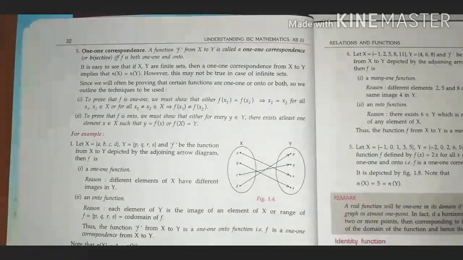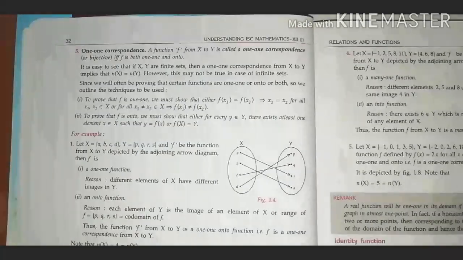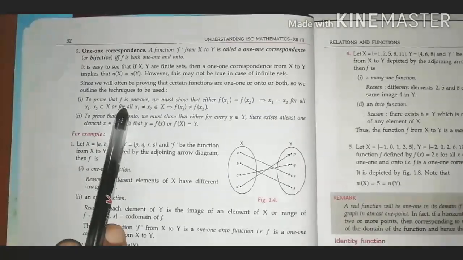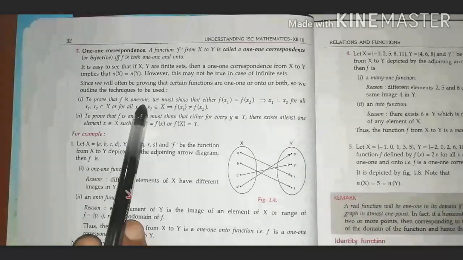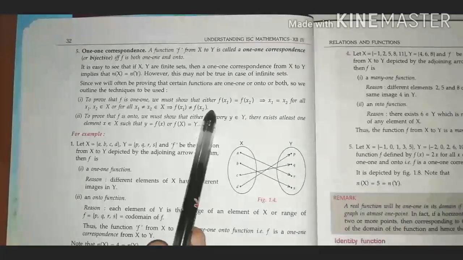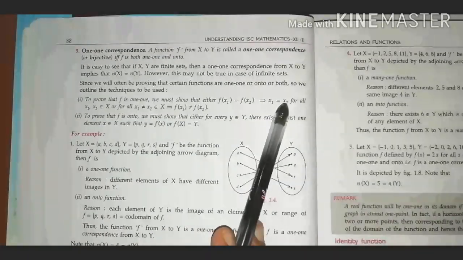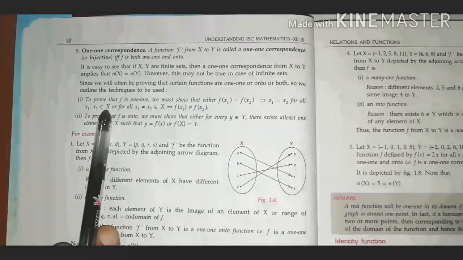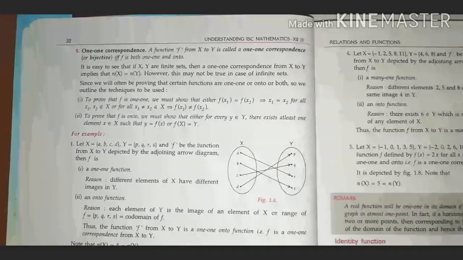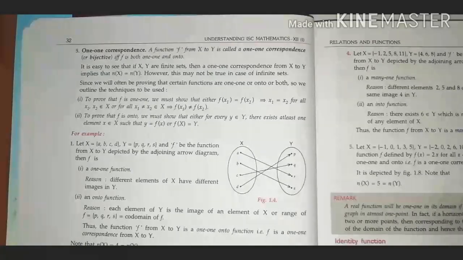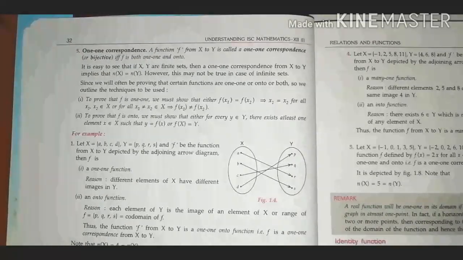And how to prove one-one correspondence? Two methods are there. To prove that f is one-one, we must show that f of x1 is equal to f of x2 implies x1 is equal to x2, for all x1, x2 belonging to X. That means if you are taking two images in the second set and they are equal, then you have to prove that their corresponding elements x1 and x2 are also equal.